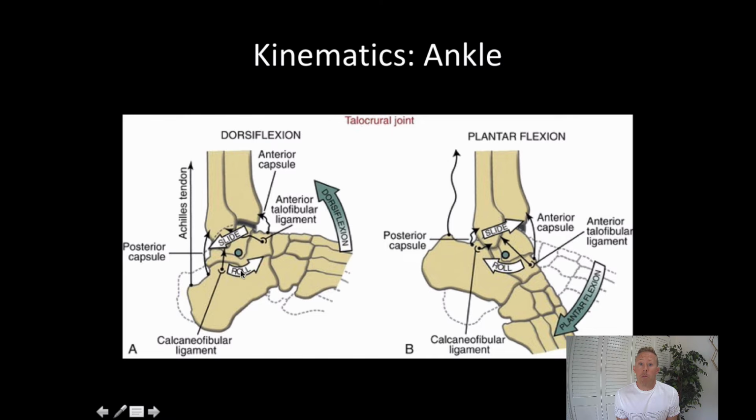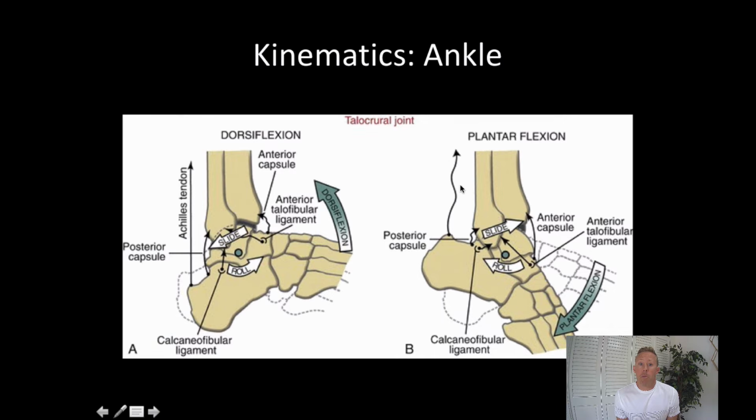This arrow is showing it rolling anteriorly towards the front of the body. If it just kept rolling that way, the bone wouldn't be centered in the joint anymore, and it might come off the front side and damage structures up here. Maybe you get an impingement or something. So we have to have a posterior slide or glide to keep the talus centered in the joint.